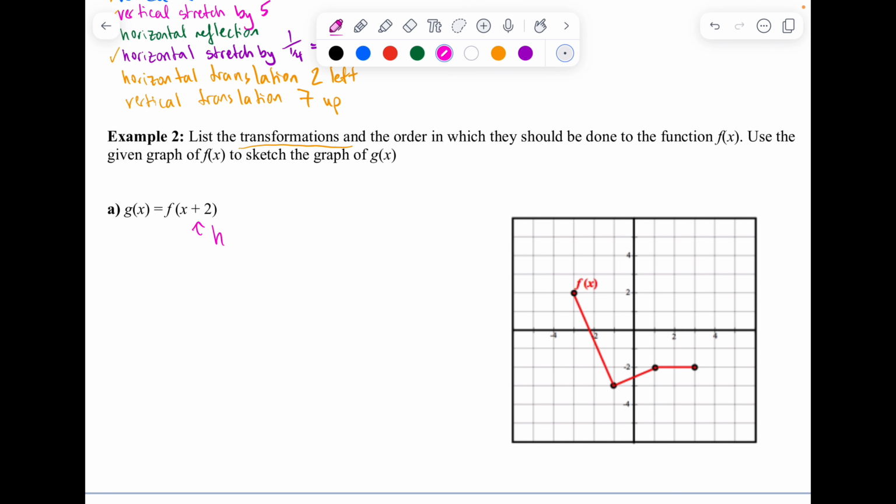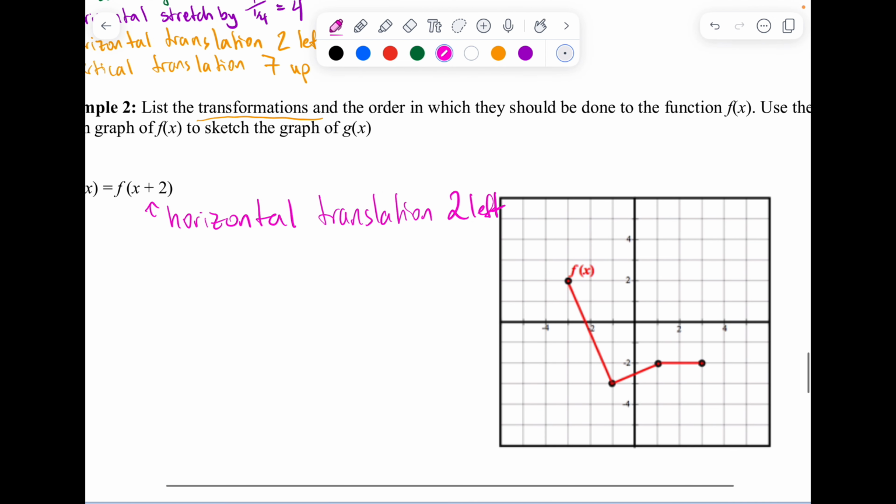So that means there's a horizontal translation, because it's just happening to the x's, because it's adding, 2 to the left, because it's opposite.